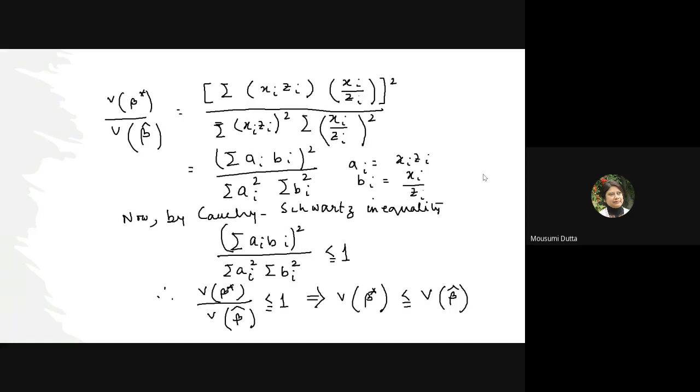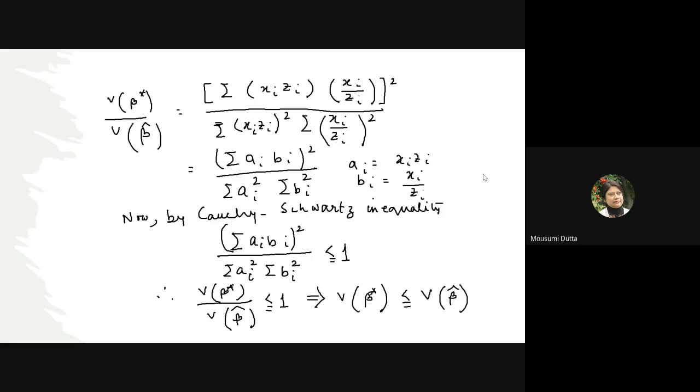Now, by Cauchy-Schwarz inequality, we can write summation ai bi whole square divided by summation ai square into summation bi square is less than or equal to 1. If anyone has any problem regarding Cauchy-Schwarz inequality, please Google it and you will get the derivation. We did this kind of inequality in class 8 or class 9, so maybe you forgot, in that case, please check the formula.